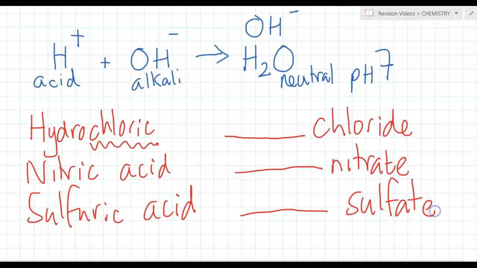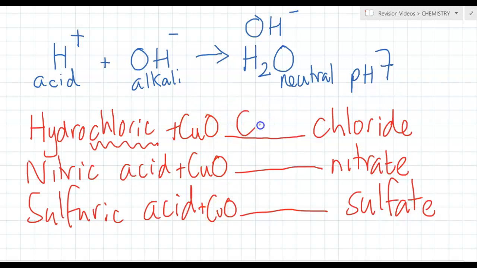So you will have neutralized acid with copper oxide, CuO, and if all of them react with copper oxide, we know that all of the salts will start with the name copper.